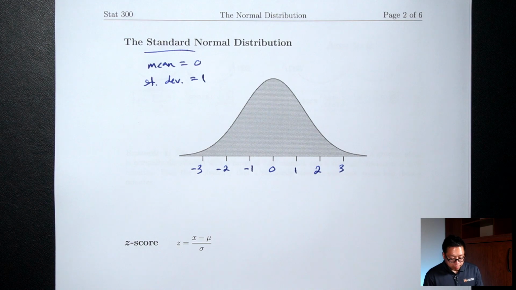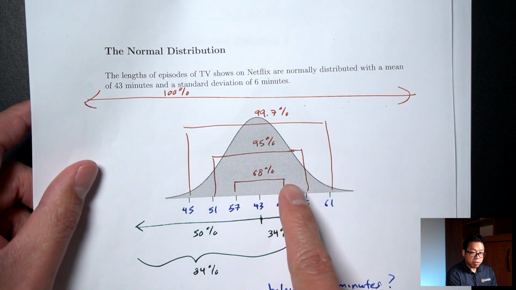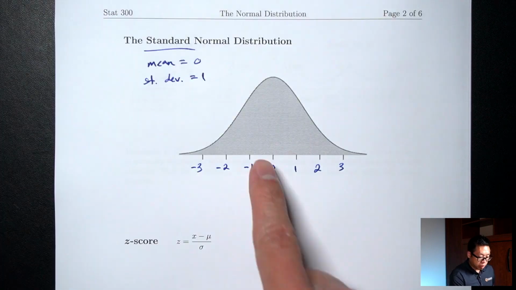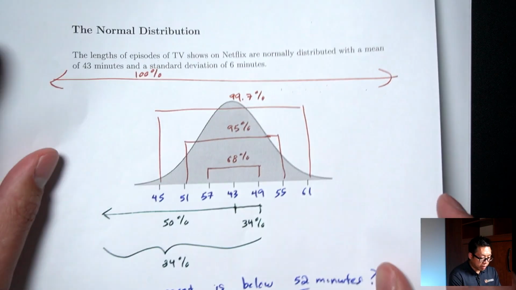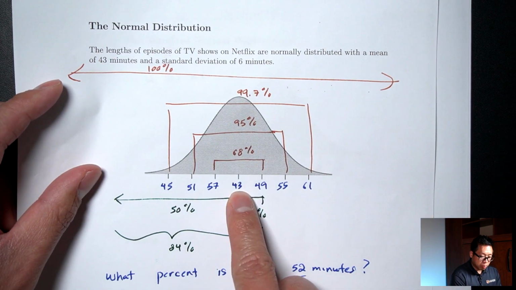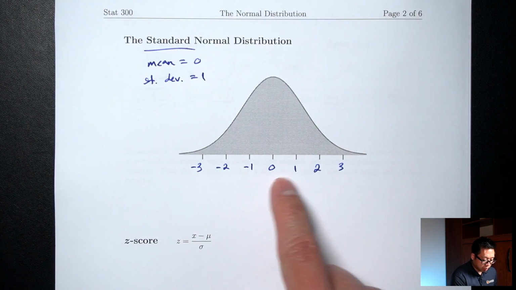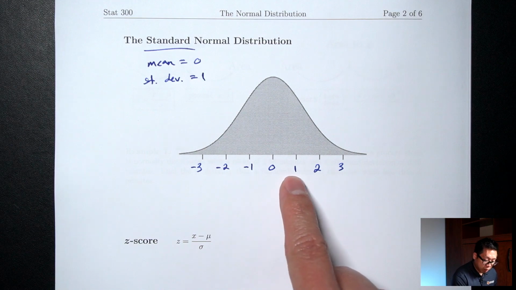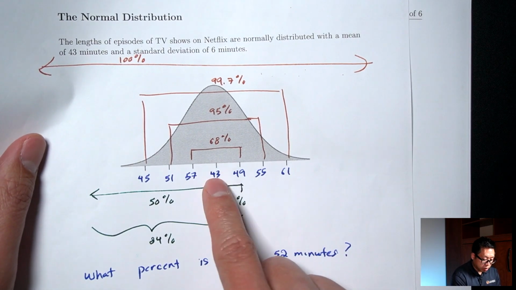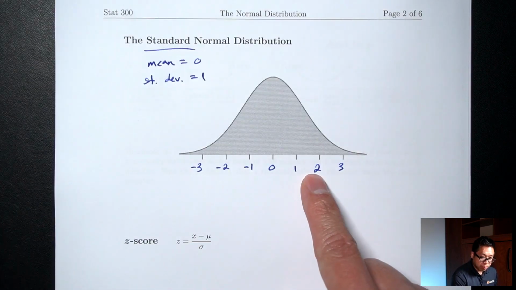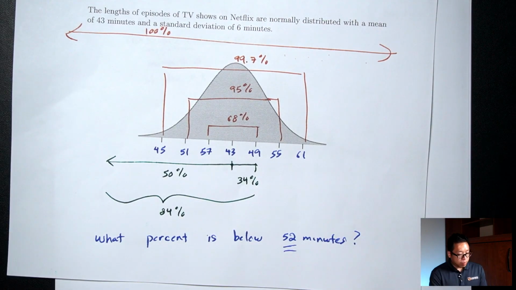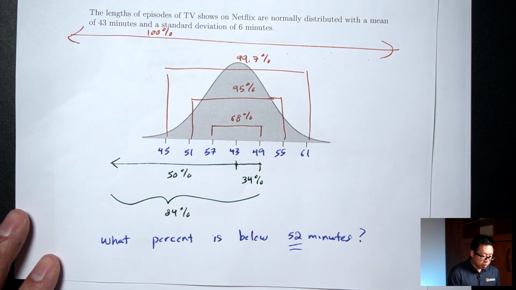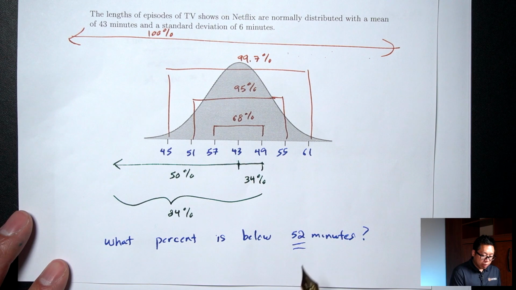Now, the next thing I'll need is a way to convert from the non-standard picture to the standard picture. So I know that 43, which is the mean, is going to go with the 0. 49, which is one step above, is going to go with the 1. 55, which is 2 steps above, is going to go with the 2. What we're interested in was this 52, right?